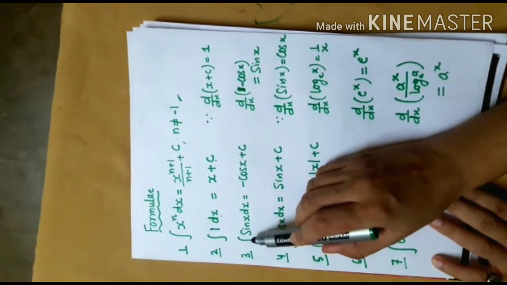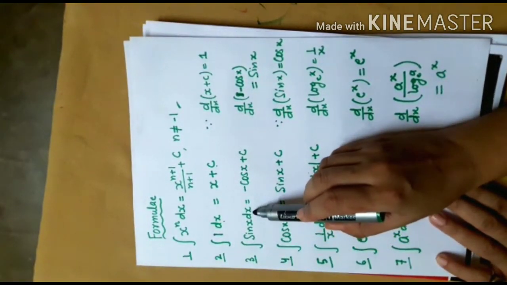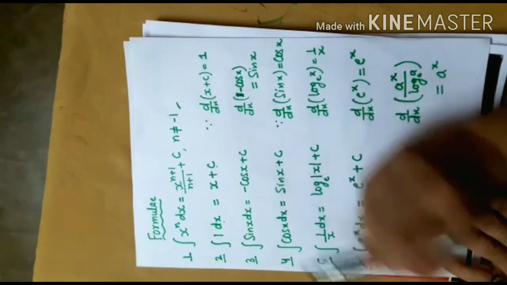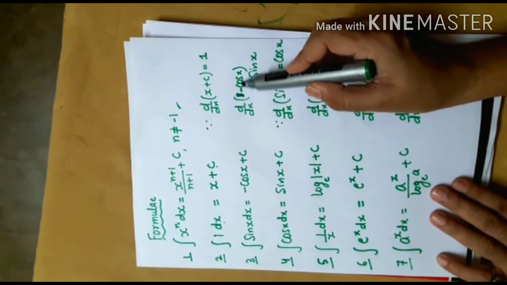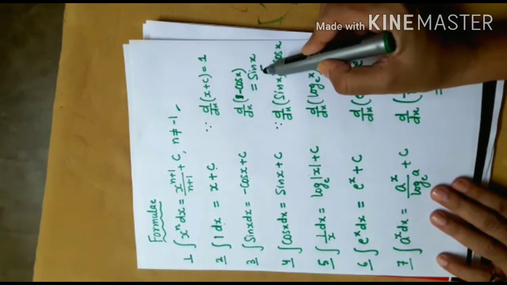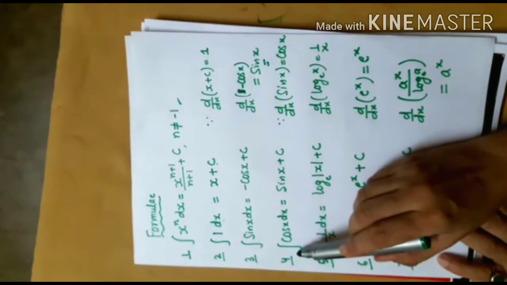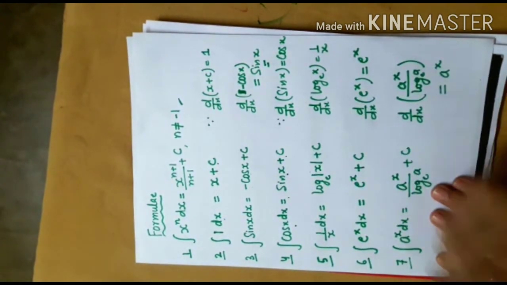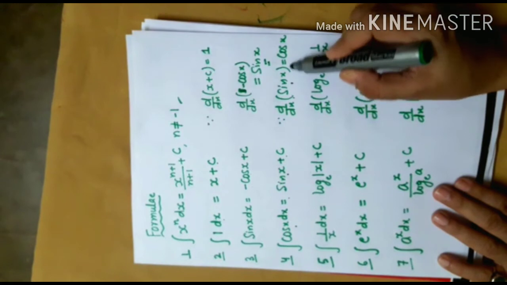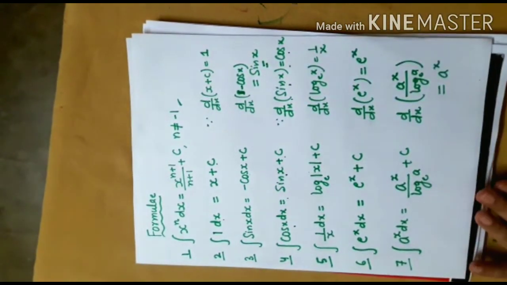Similarly, integral sin x dx will be minus cos x plus c, because what is the derivative of minus cos x? It is sin x. Integral cos x will be sin x plus c, because derivative of sin x is cos x.